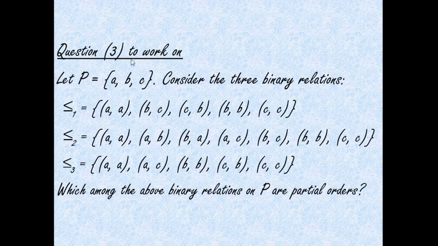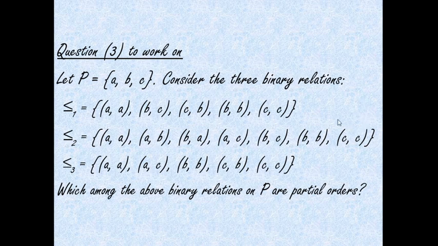So you have a question to work on. You have a set P which is equal to {A, B, C}, and you are given three binary relations like before. Here the binary relations are named less than or equal to 1, less than or equal to 2, less than or equal to 3. They are all subsets of P cross P, right?